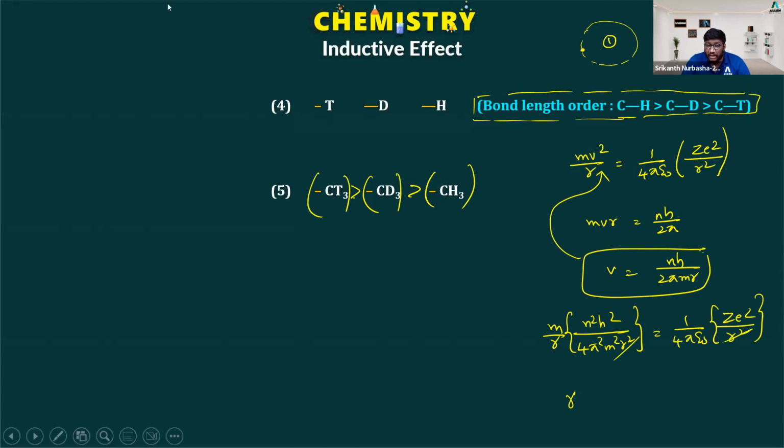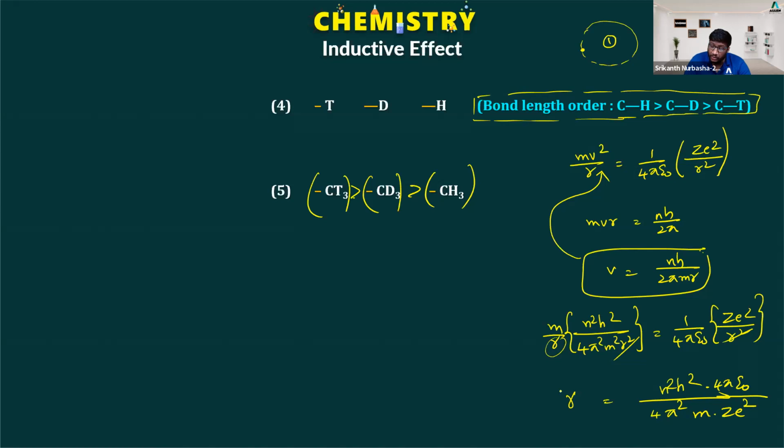The expression of radius r will be n square h square by 4 pi square. Taking this r to the other side, r equals n square h square into 4 pi epsilon naught divided by 4 pi square m into Z square.